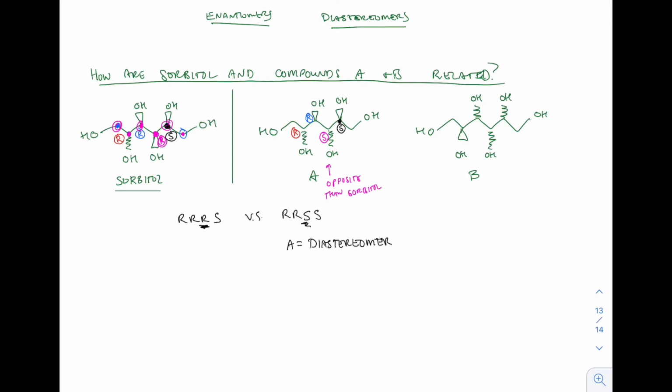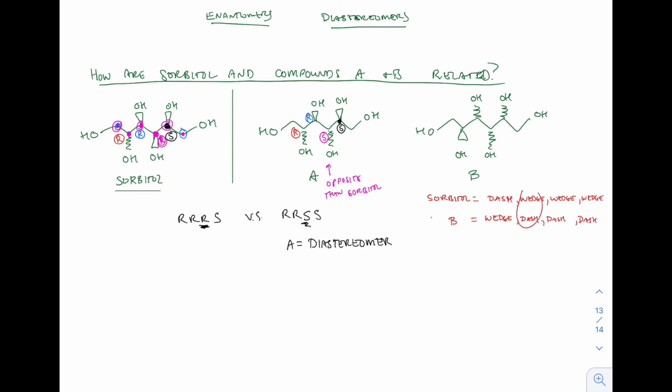All right, so the quick and easy way, let's do that one. Sorbitol is a dash going from left to right. It's dash, wedge, wedge, wedge. Okay, and I'm referring to the way the OHs are positioned, and we can do it this way. Let's do B. It's a wedge, a dash, a dash, a dash.